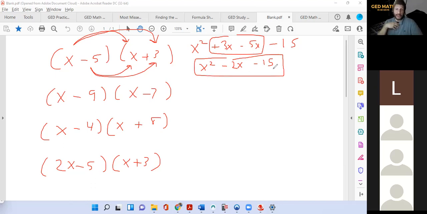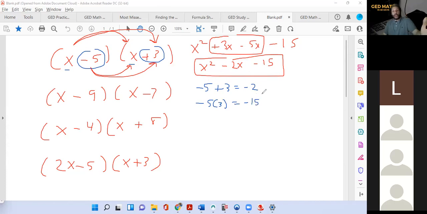The shortcut is this. This is what I want to show you. If these two are the same and the coefficient is 1, so x, p, m, whatever, watch this. Minus 5 and plus 3. Minus 5 plus 3 is -2. Minus 5 times 3 is -15.